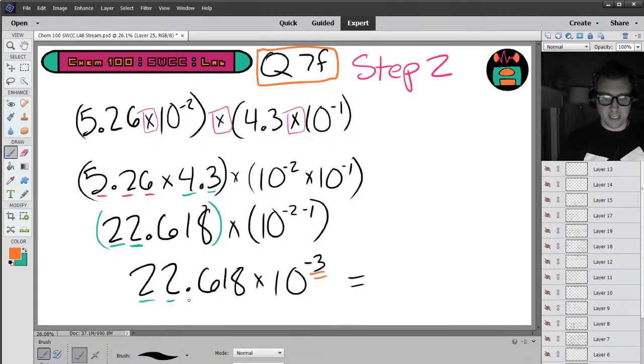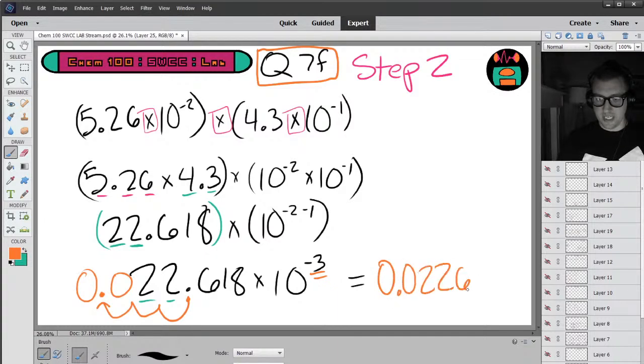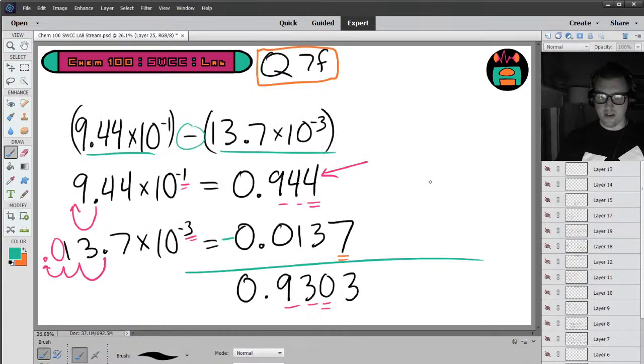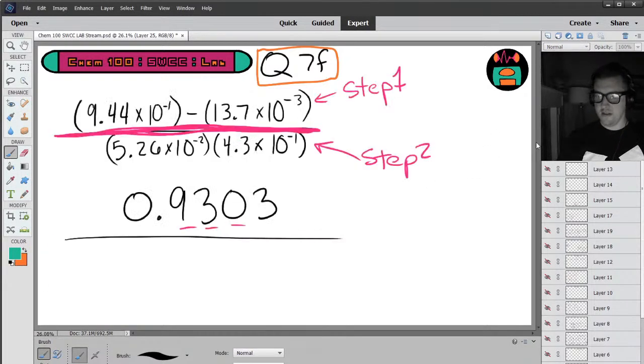That negative 3 means I need to roll my decimal place 1, 2, 3 spaces over. So this is equal to 0.022618, and again, keeping 2 sig figs. I'm putting those lines to remind myself. That is the denominator.